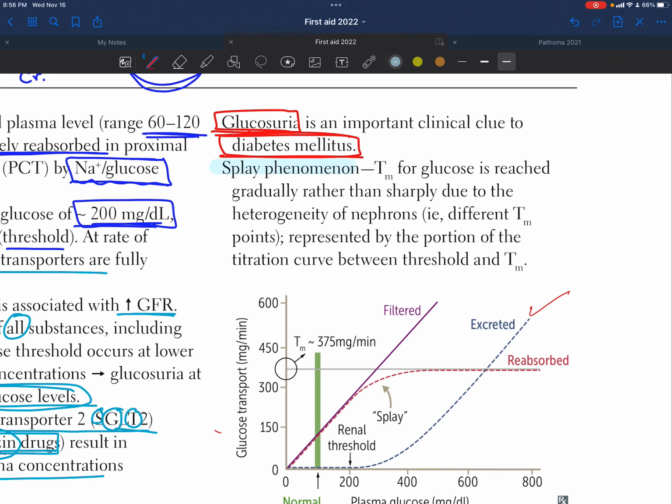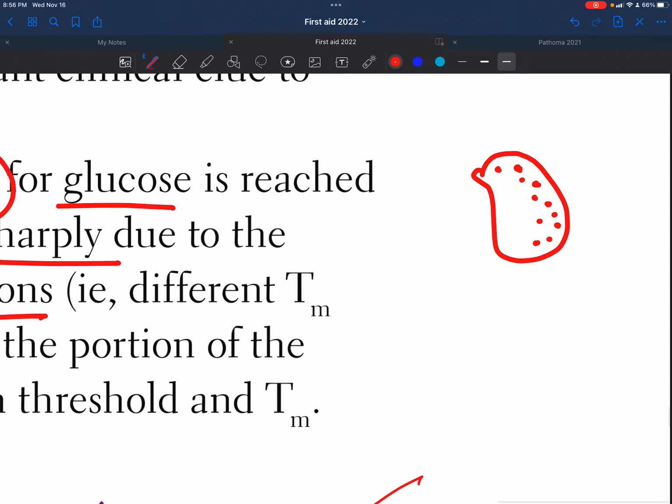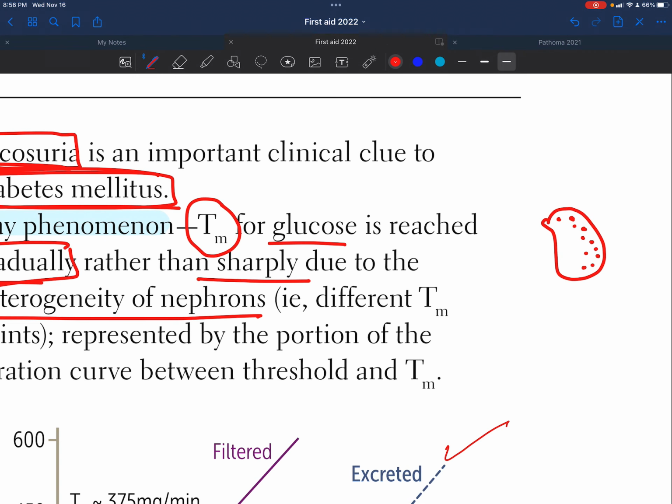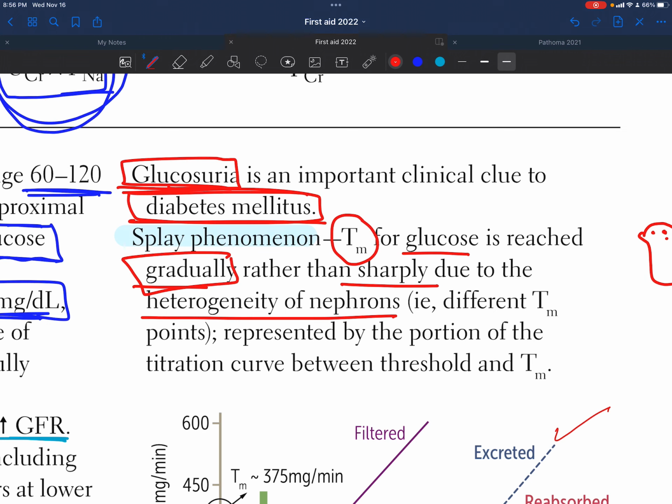So we have something called the splay phenomenon. That's when the Tmax, when we get all saturated channels for glucose, is reached gradually rather than sharply due to heterogeneity of the nephrons. So in one kidney, we know that it has so many nephrons, okay? And so many glomeruli. Each one of those has its own amount of sodium glucose transporters.